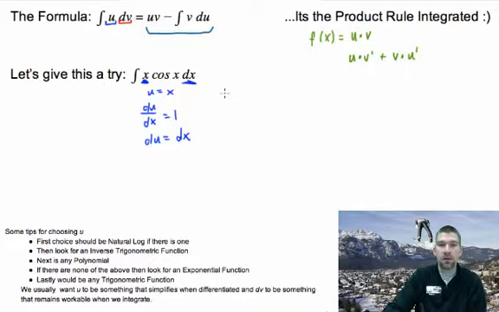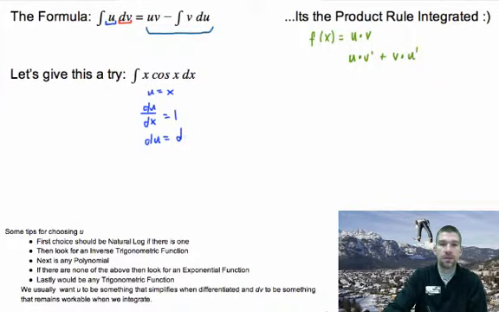So my integral would look like u cosine u, and this is basically exactly where I started. I can't integrate this. We don't have a pattern that this would integrate back to that we know right off the top of our heads.